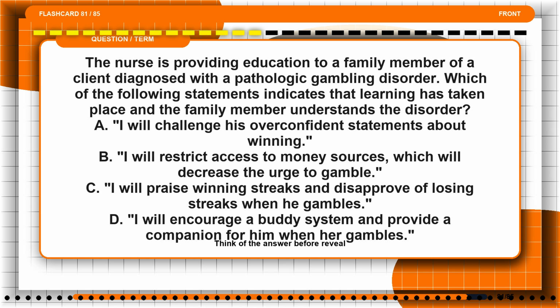B. I will restrict access to money sources, which will decrease the urge to gamble. C. I will praise winning streaks and disapprove of losing streaks when he gambles. D. I will encourage a buddy system and provide a companion for him when he gambles. Think of the answer before the reveal.